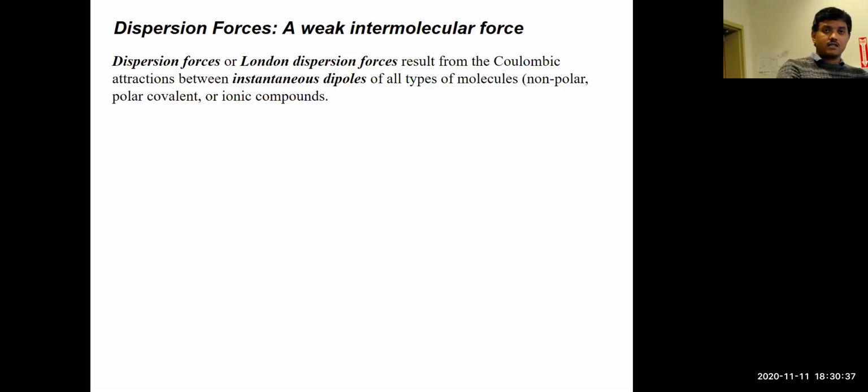And here, we are discussing the dispersion force, which is a weak intermolecular force. What it means is the interaction from one molecule to another is weak. Let's see why. Dispersion forces result from the Coulombic attractions between instantaneous dipoles of molecules. Here I added the word especially all molecules because this instantaneous dipole can happen in any type of molecule.